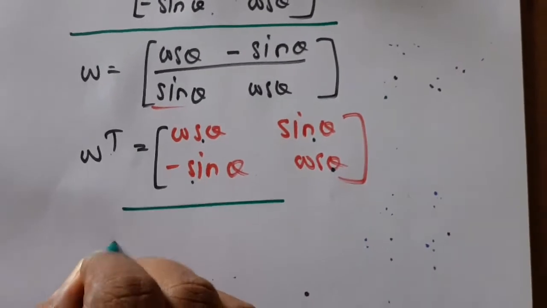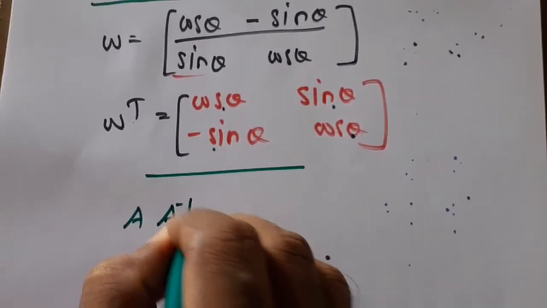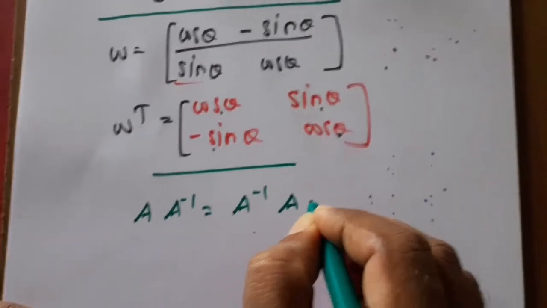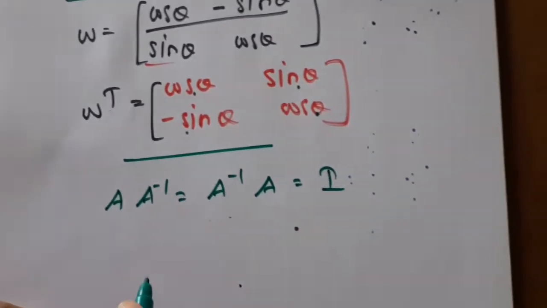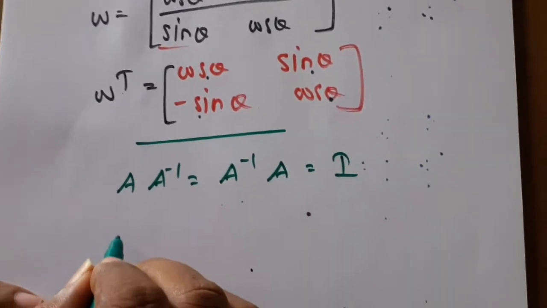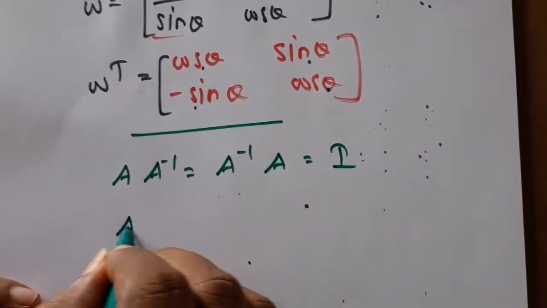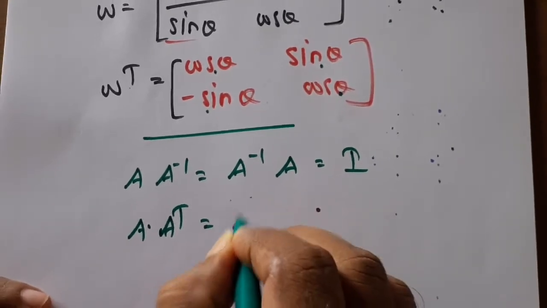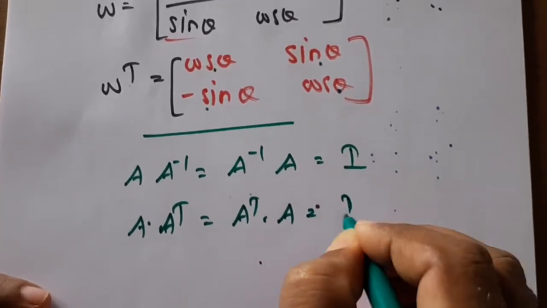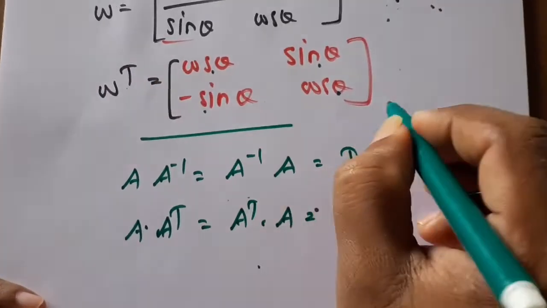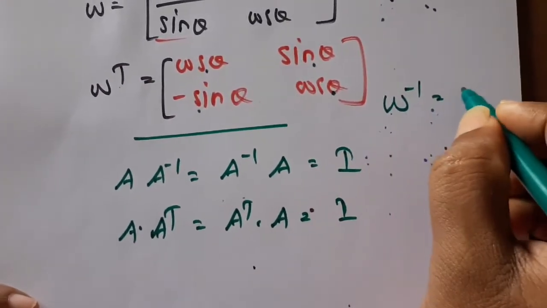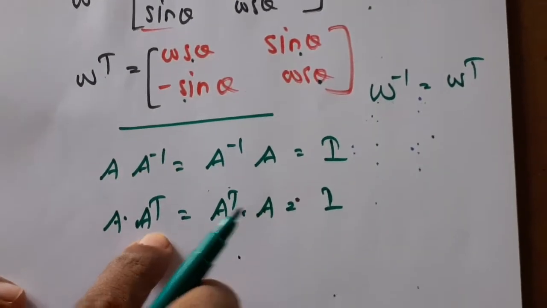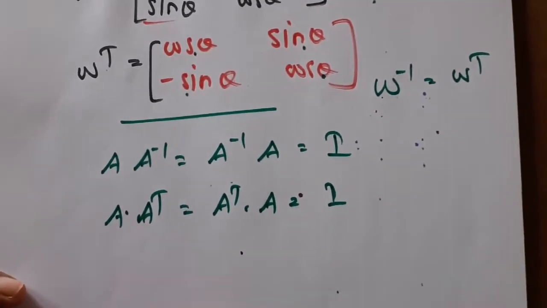Therefore, already we know A multiplied with A inverse, or A inverse multiplied with matrix A, is called I. A into A transpose is equal to A transpose multiplied with A, also I, because of the condition. What is the meaning of the condition? W inverse will definitely be equal to the transpose of W. Therefore, instead of inverse we can write transpose.